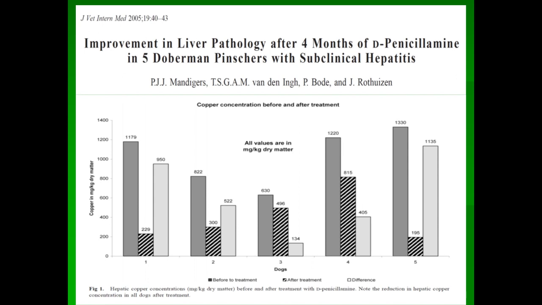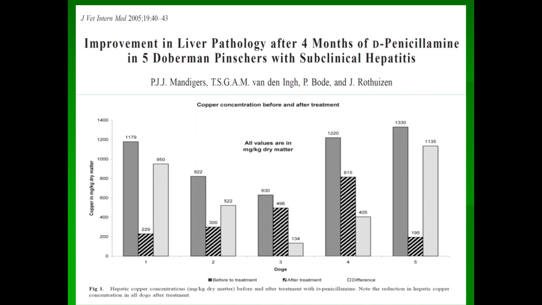The black bars are the concentrations of copper before the treatment with penicillamine, which is the chelator for heavy metals. And the columns with the diagonal bars are the concentrations of copper in the liver 4 months after the treatment with penicillamine. So we can see the difference between before and after the treatment in the gray or whitish columns.